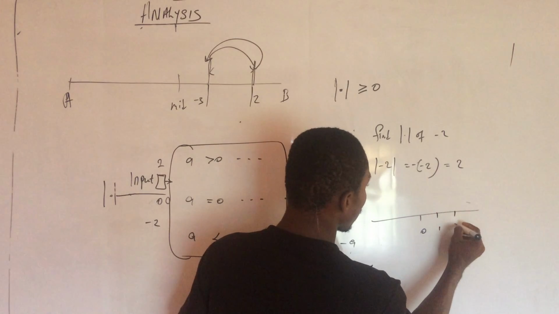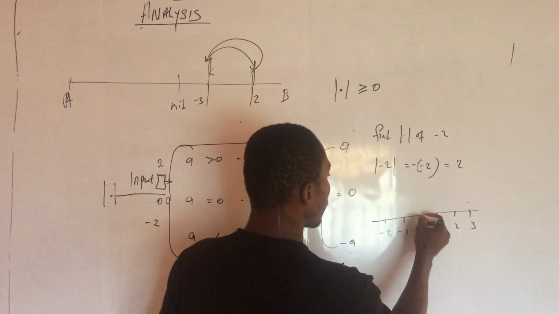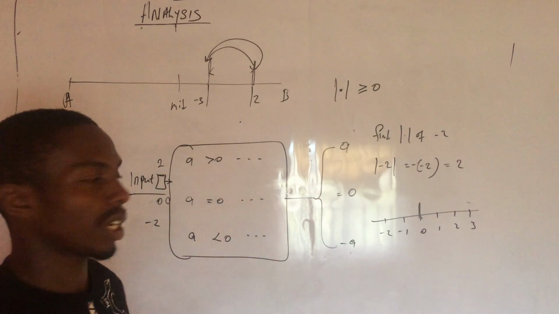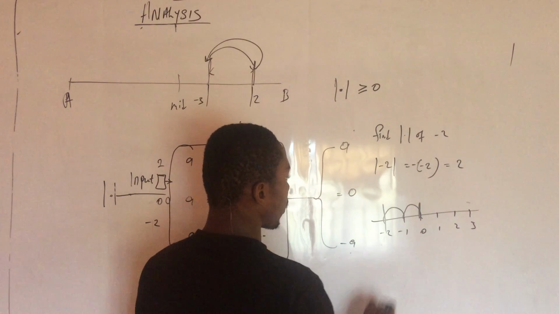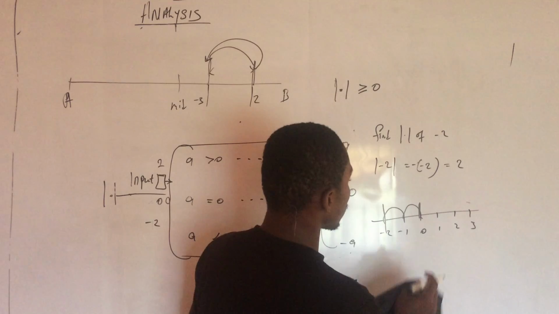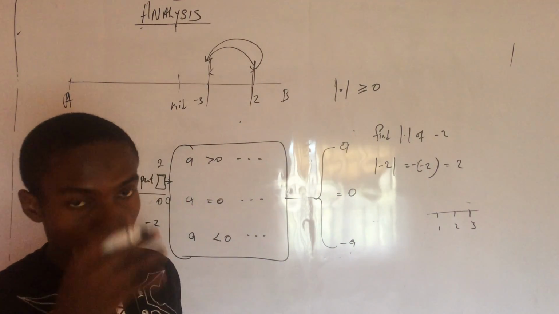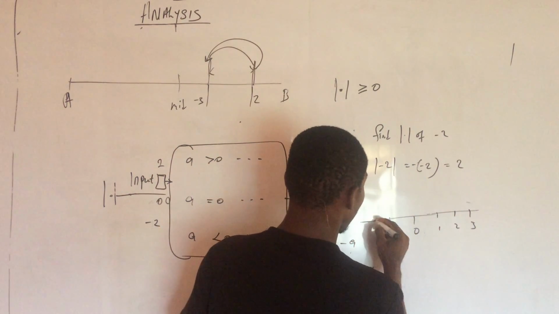Let's say here is 0, here is 1, here is 2, here is 3, here is minus 1, here is minus 2. You moved 2 places to the left. You know in the number line, when you move to the left, it is minus. So here is 0, here is minus 1, here is minus 2.